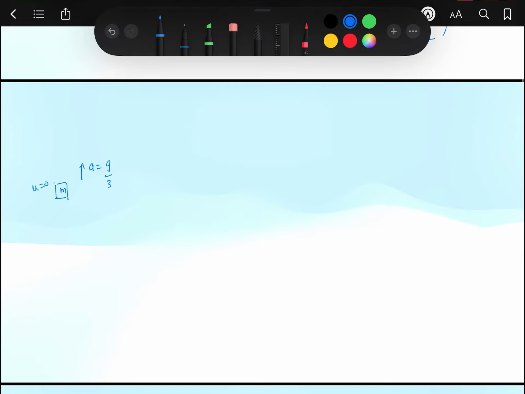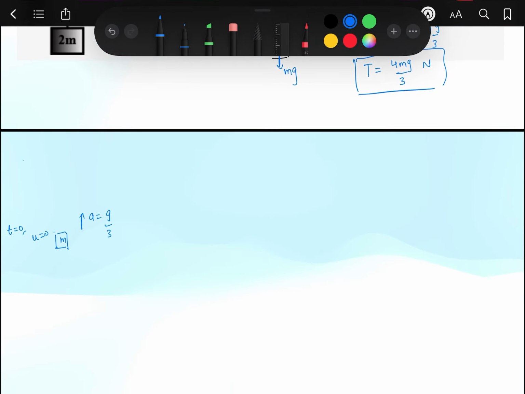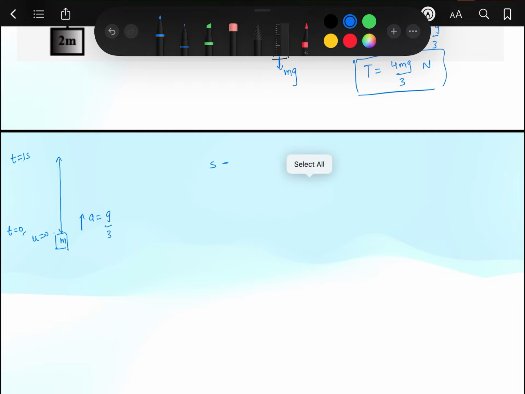So at t is equal to 0, it is here. Let us pause at t is equal to 1 second. During the first second we have to calculate what is the displacement this body m has traveled. So we can use the equation of motion s is equal to ut plus half at square.